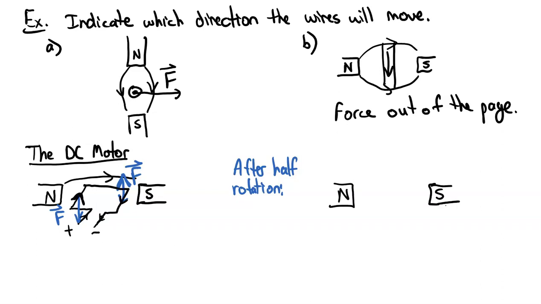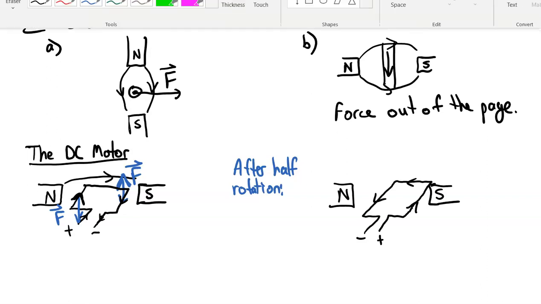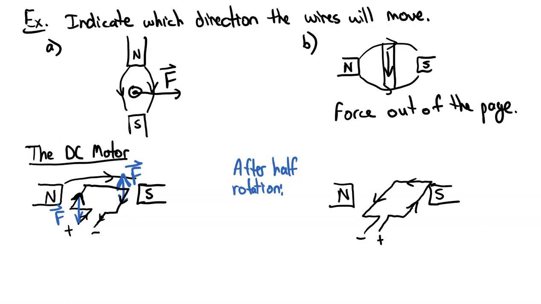If it's gone halfway around, so I've flipped it 180 degrees, it's going to look the same in terms of the wires, but what's happening now is this has become the positive side and this has become the negative side. If we were to draw the currents, they go in this direction: going into the page on the right side, coming out of the page on the left side, and we would use the right-hand rule again to determine which direction that would spin.